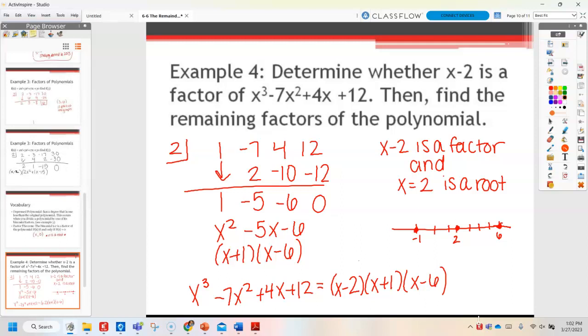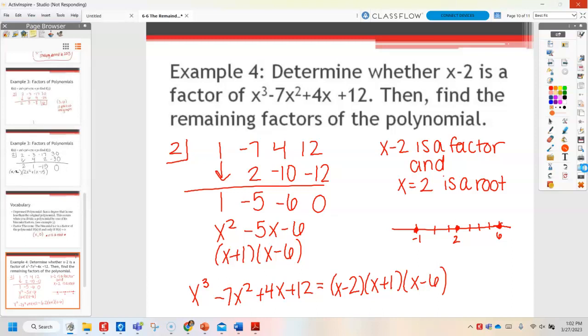So in example 4, you would have x plus 2. That means in your box is a -2.